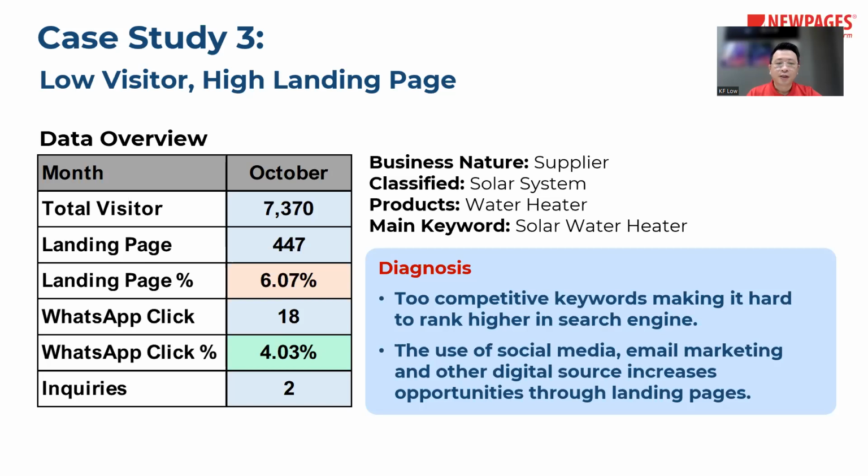And therefore it's difficult to get the amount of traffic that you want, right? But they do have a high landing page because maybe they are using social media, posting something on social media, doing email marketing or other digital sources to increase opportunity through landing pages. Which, if you ask me, I would say is quite not bad. In this case, it really all depends.